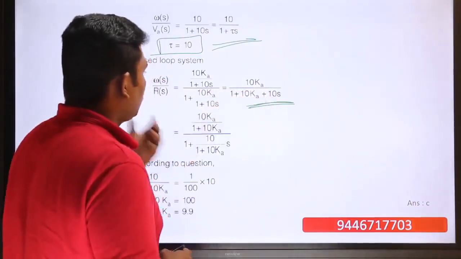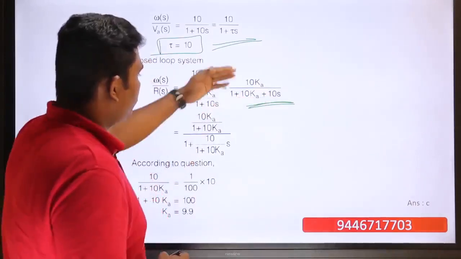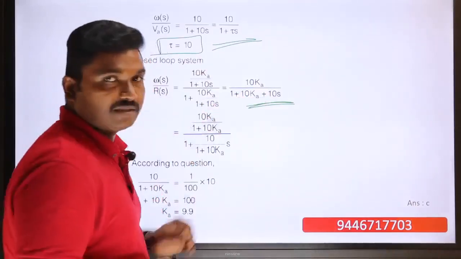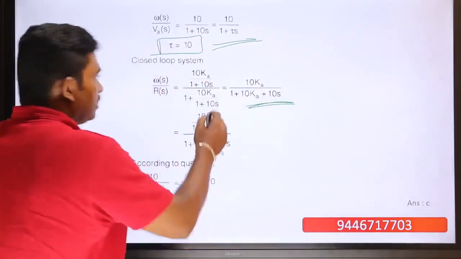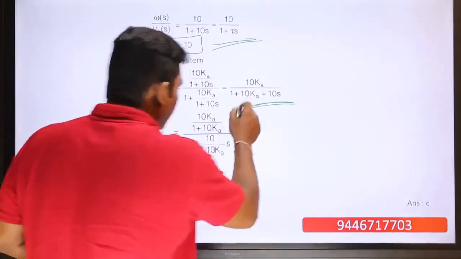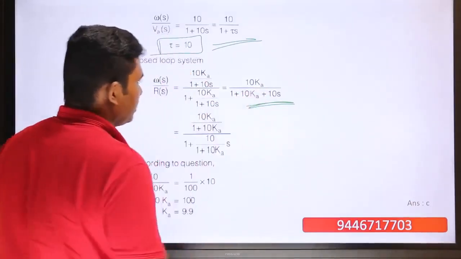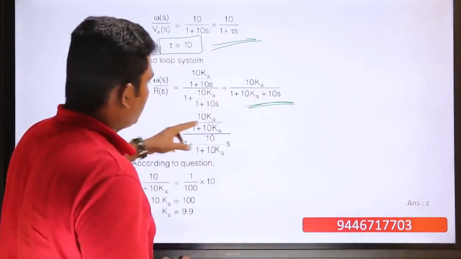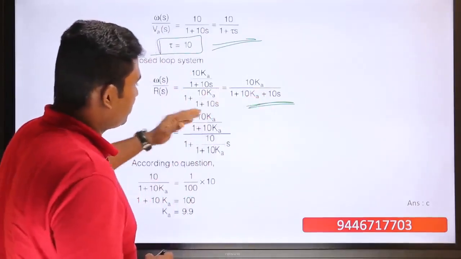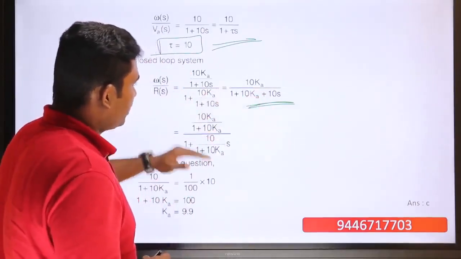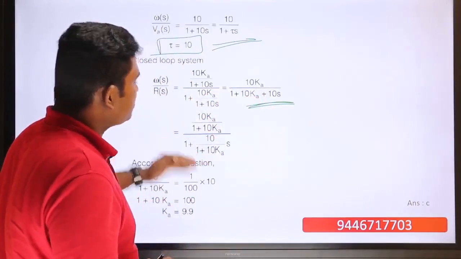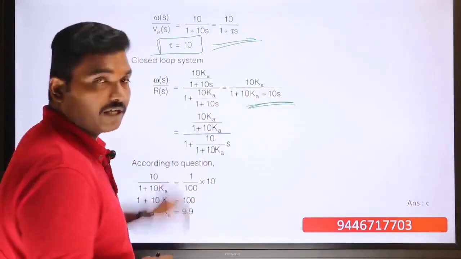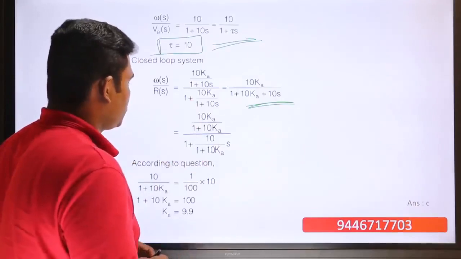Now what we are doing is that we are going to divide the numerator and the denominator with the 1 plus 10 Ka. So dividing the numerator and the denominator with the 1 plus 10 Ka, you will get this expression as 10 Ka divided by 1 plus 10 Ka, the whole divided by 1 plus 10 divided by 1 plus 10 Ka into s.